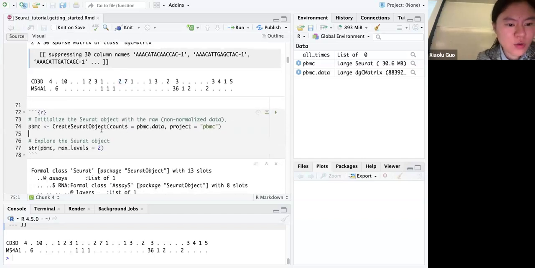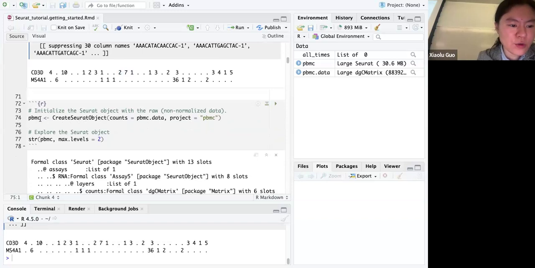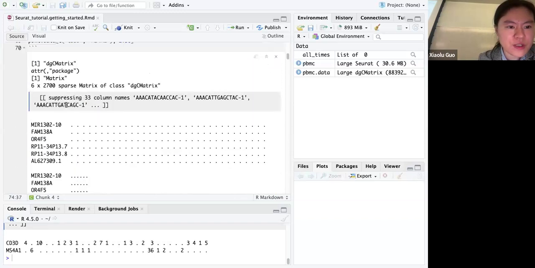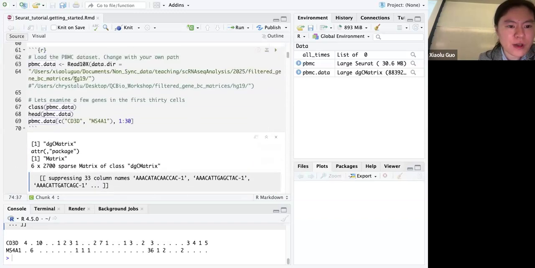And so we usually need to work on this Seurat object because it has a lot of developed functions that we can easily use to do the data analysis on that object. This is creating the object, using the data we just read from the gene expression matrix file.